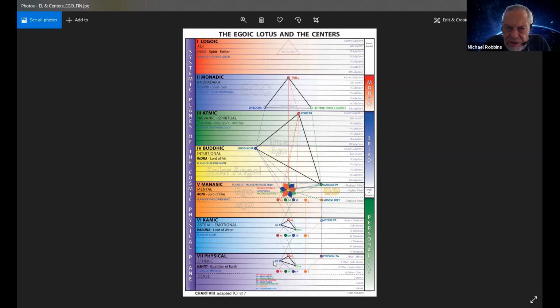Now, the vitalization of the dense physical plane is ruled by the base of the spine center. So there's an interesting kind of reversal. The base of the spine center, which is lower than the sacral, rules a part of the etheric physical plane, which is the highest part, the 4 here.